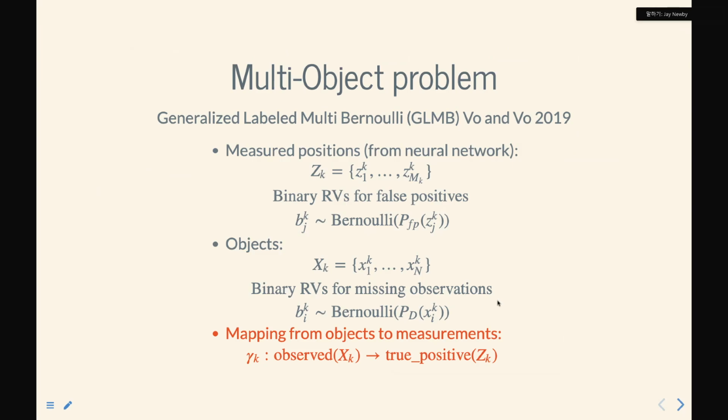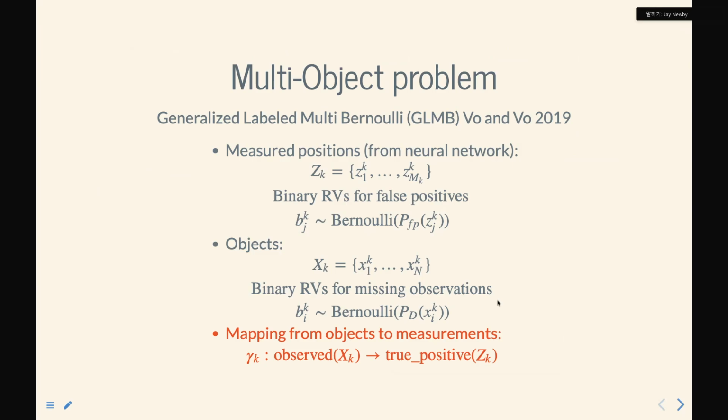For the moment, I'm going to assume that there's a fixed number of objects through the whole time series. So it doesn't matter if an object leaves the field of view, I just stop assigning it measurements. It's a very natural framework that handles that problem.